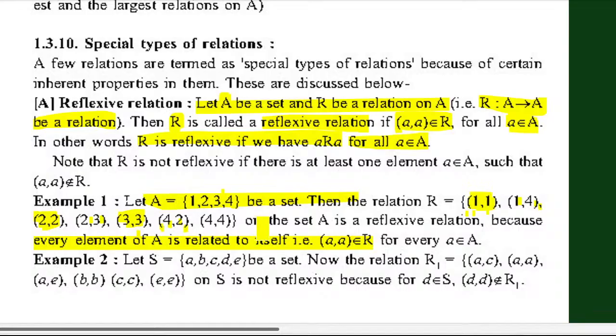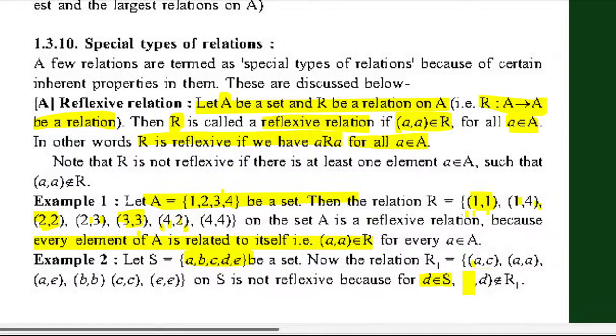See example 2. S equals {a, b, c, d, e}. This is the set. Now the relation R1 = {(a,c), (a,a), (a,e), (b,b), (c,c), (e,e)} on S is not reflexive because d belongs to S. You see, this d belongs to S, right? Where, on S which is a, b, c, d, e.